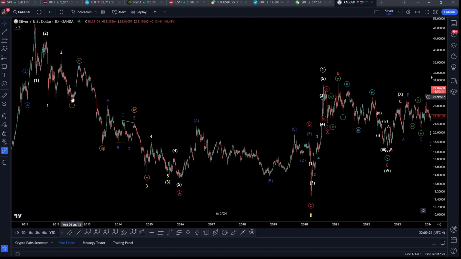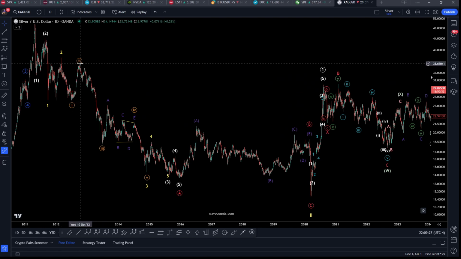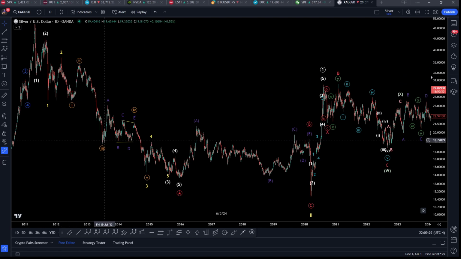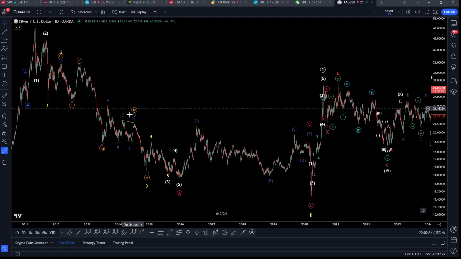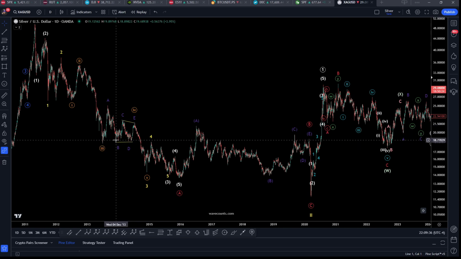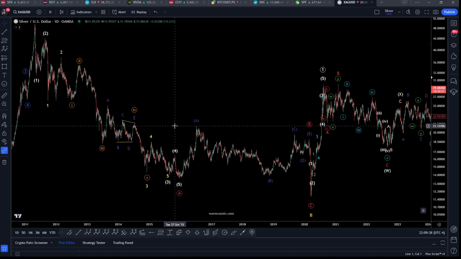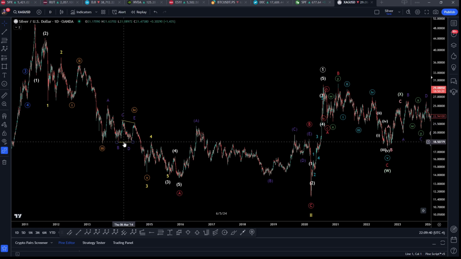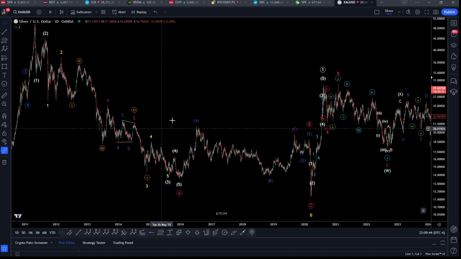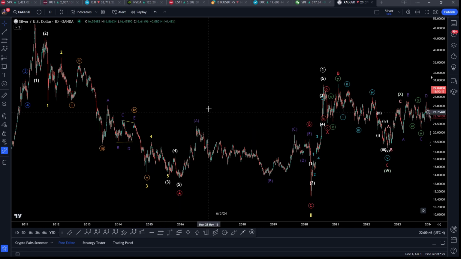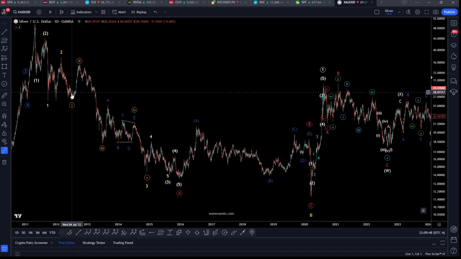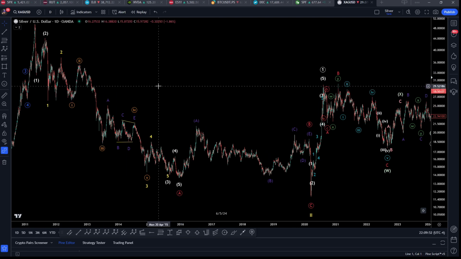The orange 2 sharp, and the orange 4 sideways triangle here that comes close to making a new low, but doesn't. Right? But close is what counts as far as alternation goes. Close or almost makes a new extreme. That's what you're looking for alternation. Whereas in the sharp one, you shouldn't really come close to making a new low before the pattern completes.